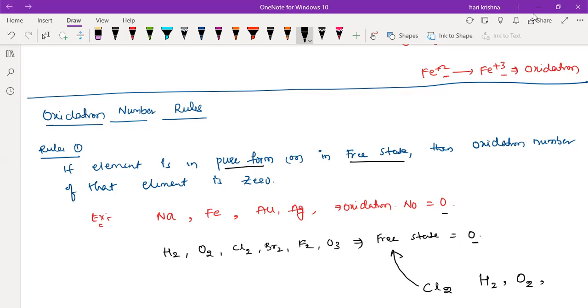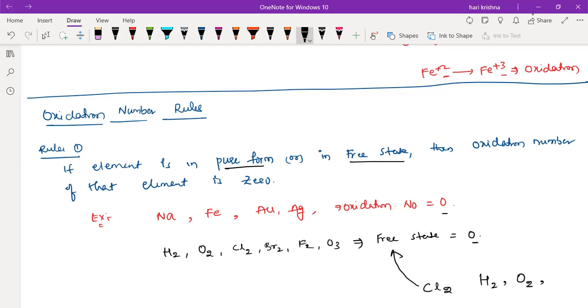Sir, could you name a few which are not free state and not in pure form? Simple trick: the elements you see in the periodic table without any charge, that is the pure form. 118 elements are there, right? All elements without any charge, that is the pure form.